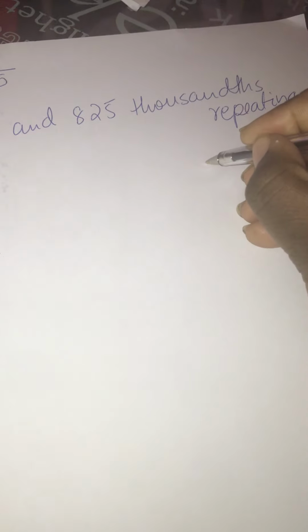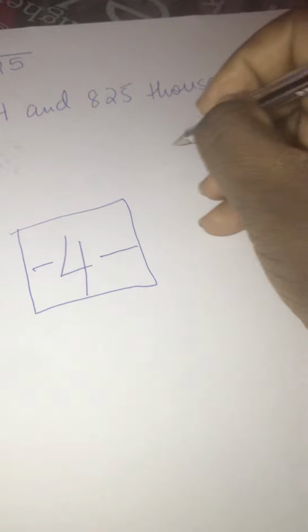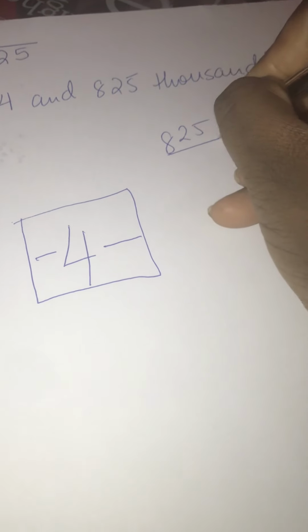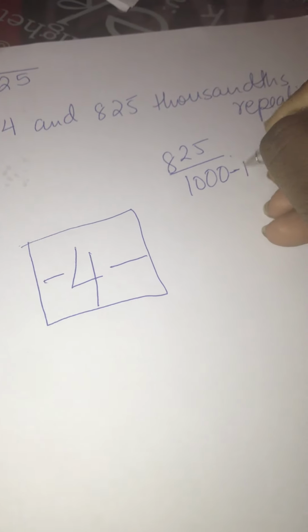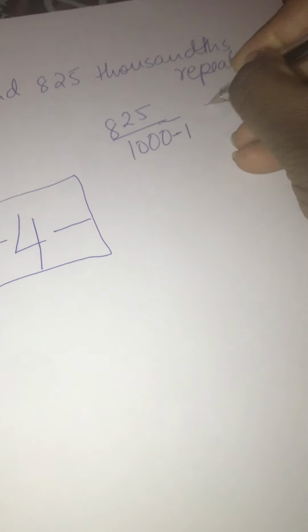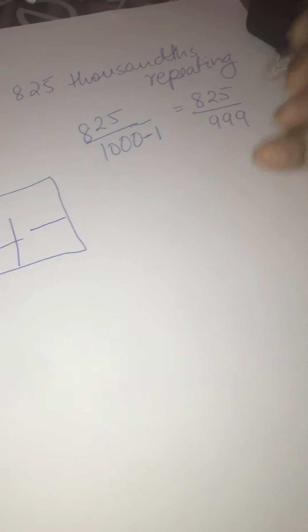Okay. So then I go to my box where my answer will be. And I put negative 4. Now I write 825 over 1,000. Then I need to subtract 1. So it becomes 825 over 999.